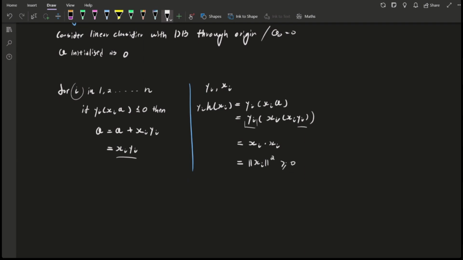If xi is at the origin, then it's going to be 0. So because we updated the weights to this value, your new output from the classifier will be a positive value that agrees with the label, meaning that the sample is now classified correctly. So this is doing something useful. We can be sure of that.